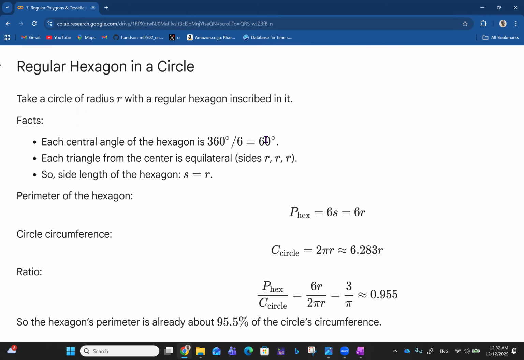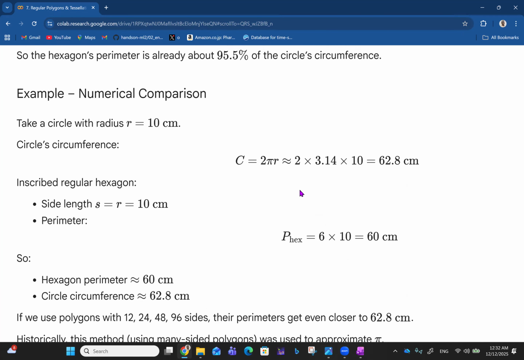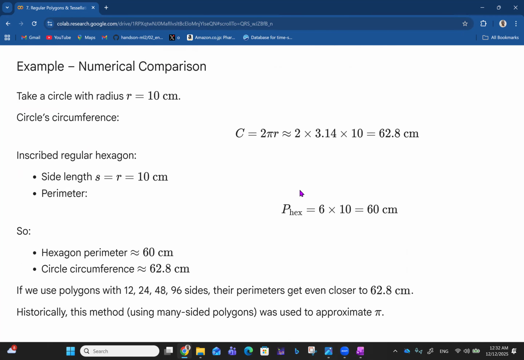So instead of this 6, you now have 20 sides, so you have 20r over 2 pi r, where the r cancels out. So you have 20 over 2 pi, that's 10 over pi. So you have something even larger. I'm not sure I'm getting that right, but that's the idea. You can actually approximate a circle using a polygon.